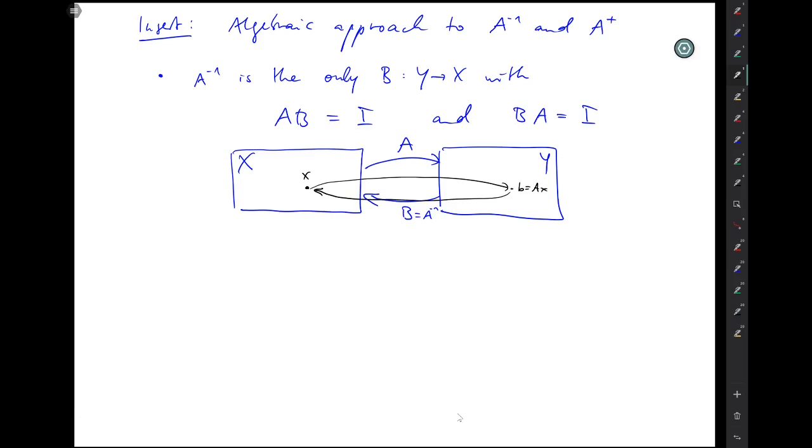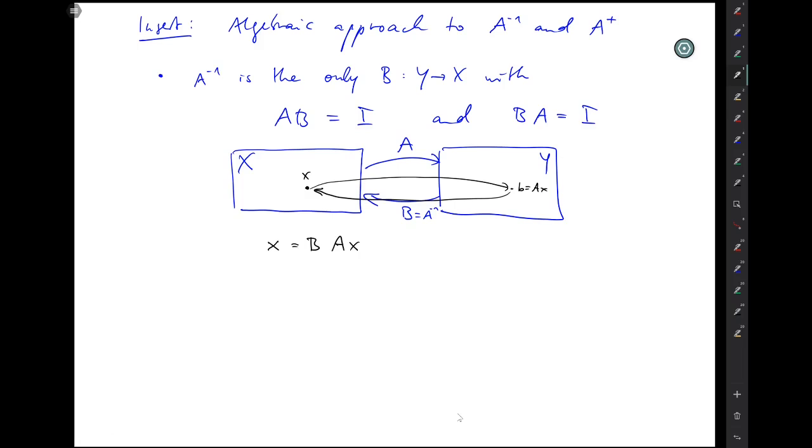Right, so you would end up back at x. So you start with x, you apply A, and then you apply B, and the result is x.